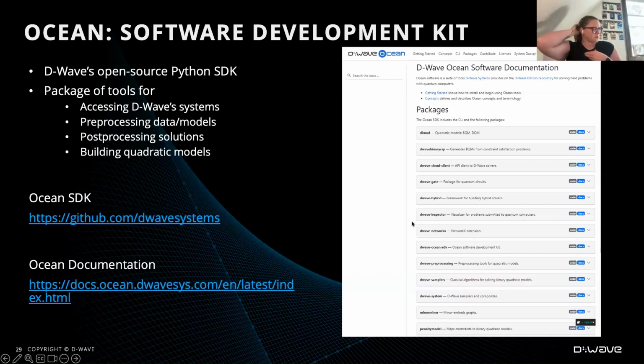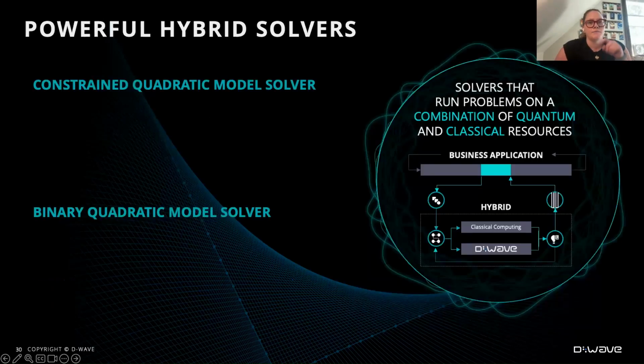So if you Google search D-Wave Ocean documentation, you should come up with a page that looks like this that talks about all of our different packages that we have. And then there's also this really handy getting started guide that has a lot of really good tips for building applications and using all of these tools. But we're going to use some of them now. So we'll go through that.